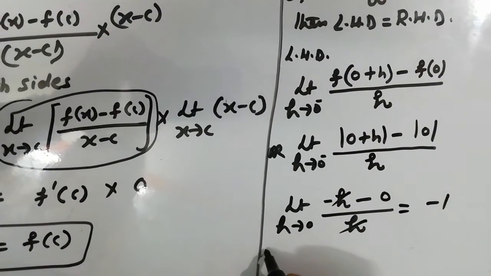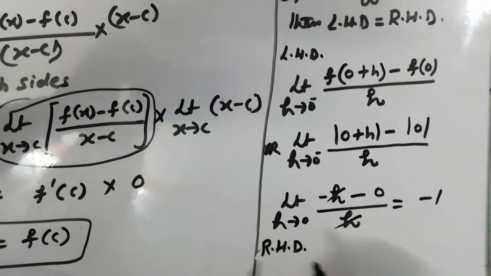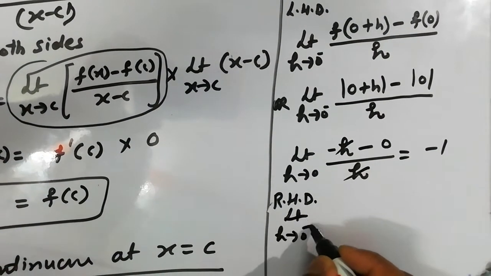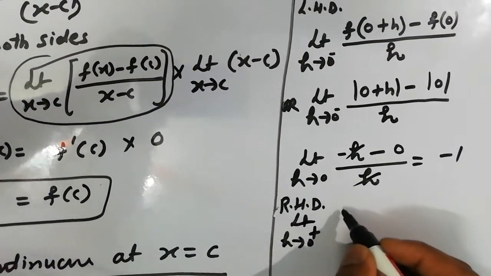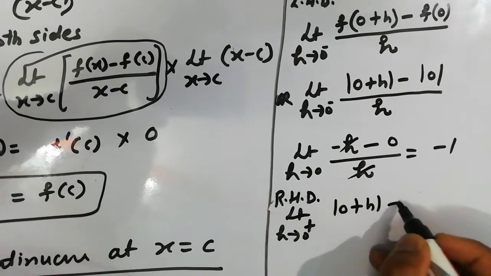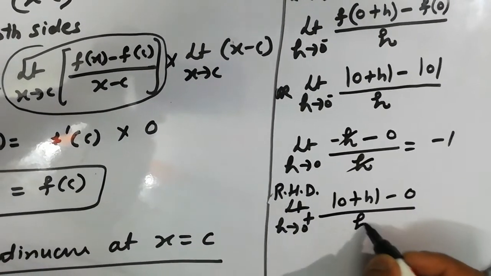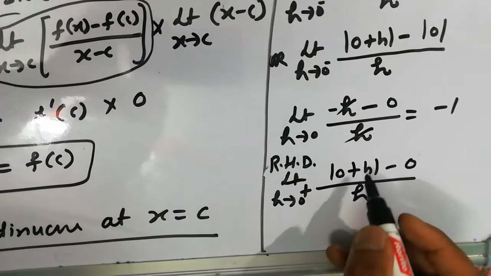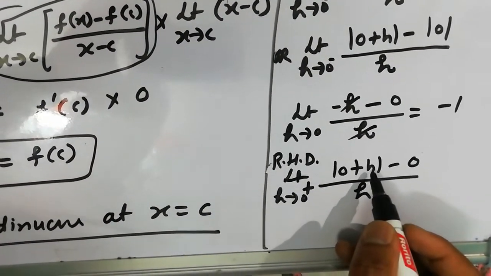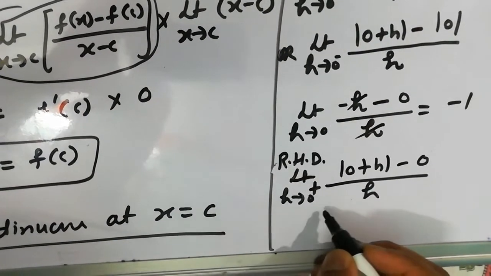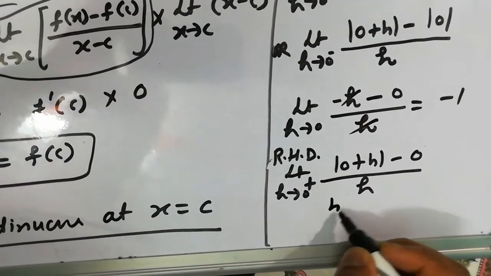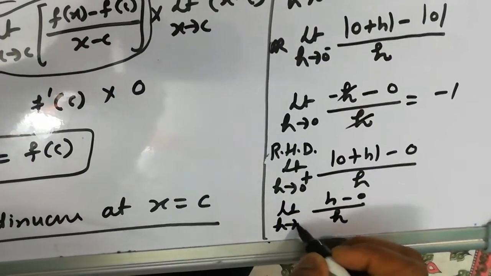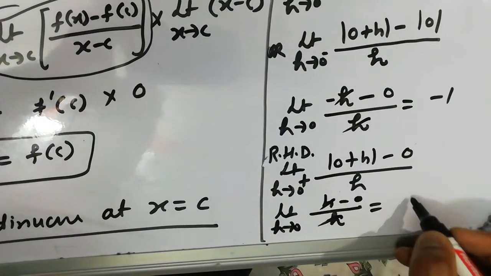Similarly, in the right hand derivative, we have limit h approaches 0 positive, and here 0 plus h minus 0 upon h. Now from 0 positive, from the right hand side, when x is greater than 0, then mod of x equal to x. So here this is equal to h minus 0 upon h when limit h approaches 0. So h cancels out, this is equal to 1.